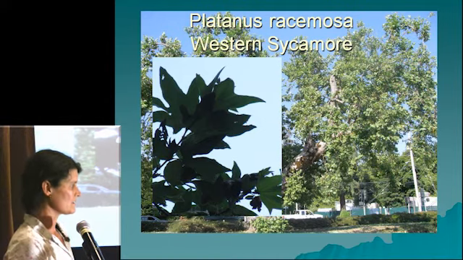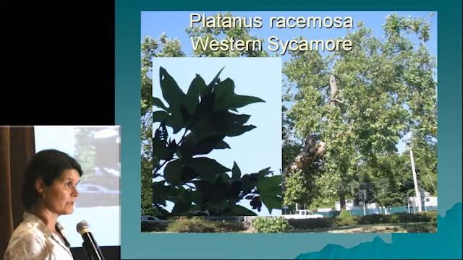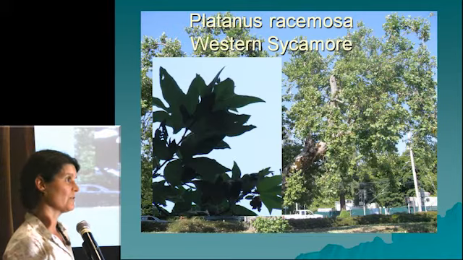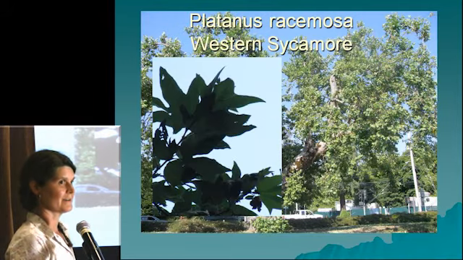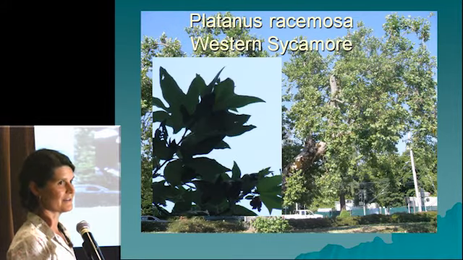They're deciduous, and you'll see a lot of them in Coyote Creek. Unfortunately, a lot of people plant London plane trees, and they are hybridizing with our native sycamores, and it's becoming a big mess. But they are beautiful trees, and they have that beautiful mottled bark that you can see.